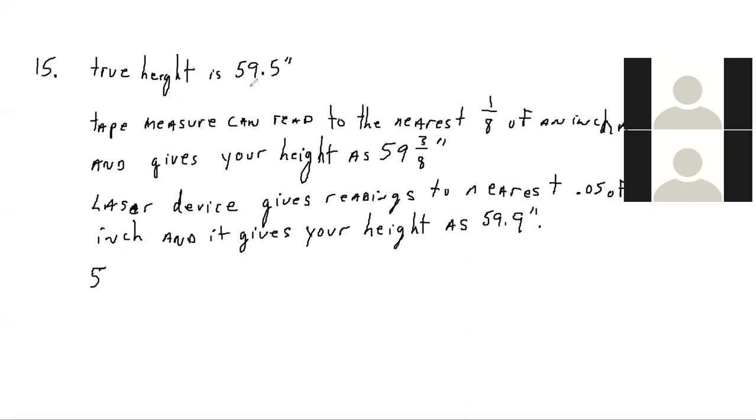Or you can convert to a fraction and work with fractions, but usually people like to work with decimals. Converting 59 and 3/8 on your calculator, it's going to be 59.375.